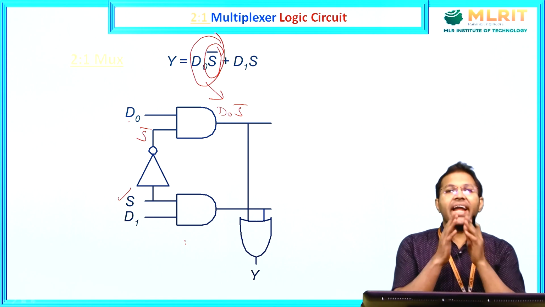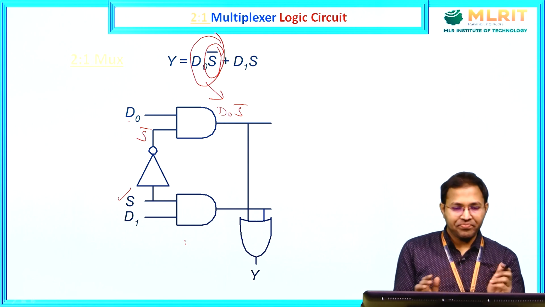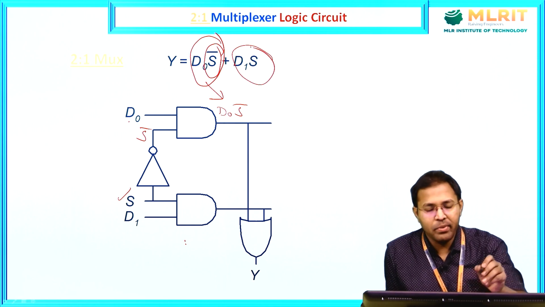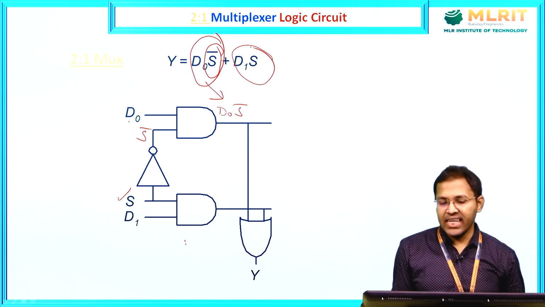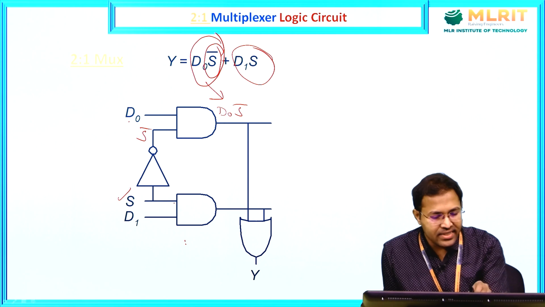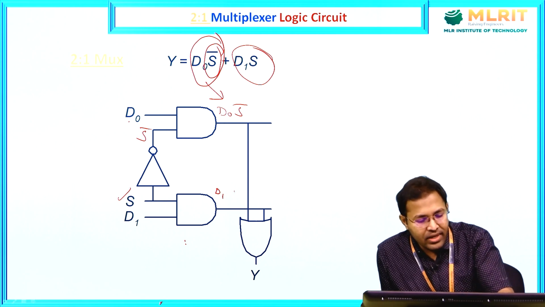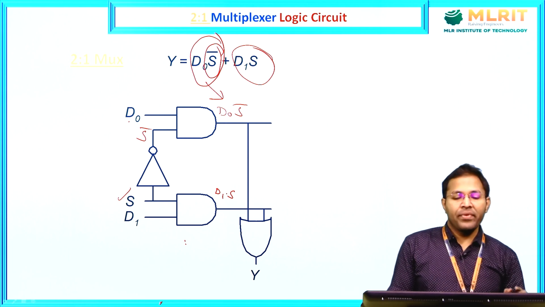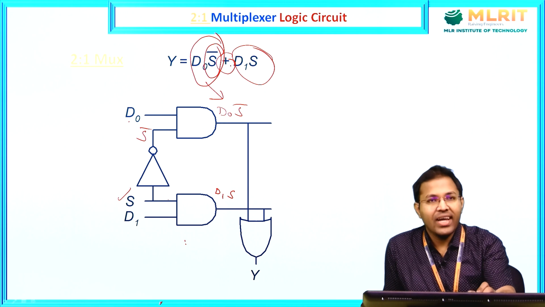AND gate for multiplication, OR gate for addition. Now again here we have multiplication between D1 and S. Multiplication means AND gate, D1 S. Now addition means the OR gate.